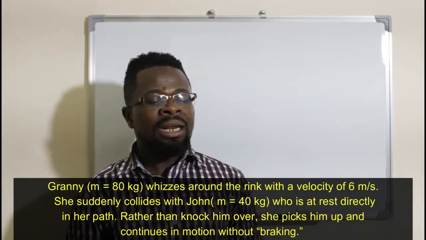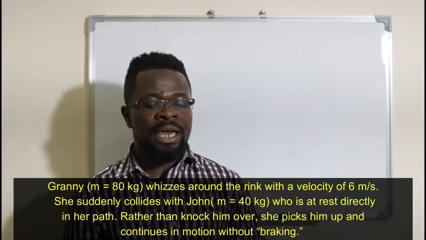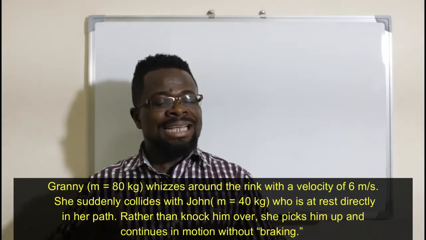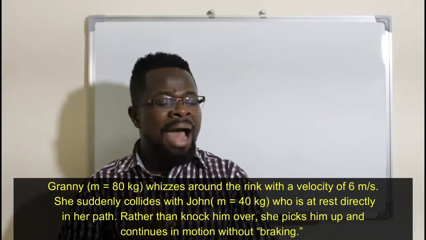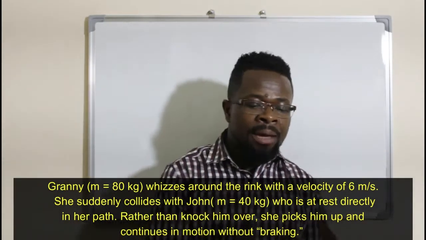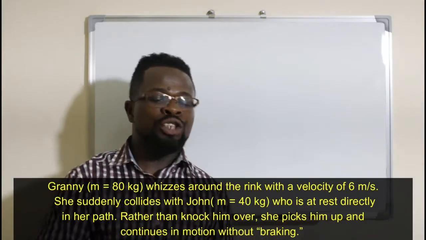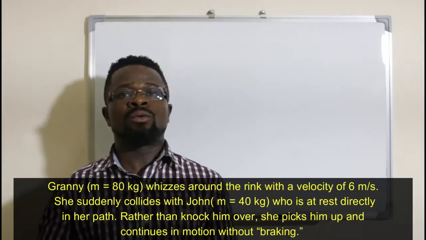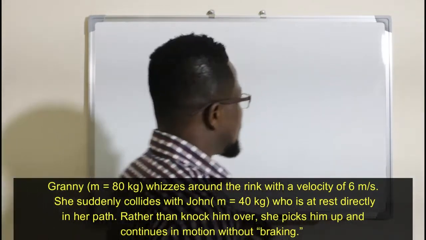She suddenly collides with Johnny, who is of mass 40 kg, who is at rest directly in her path. After she knocks him off, she picks him up and continues in motion without braking.